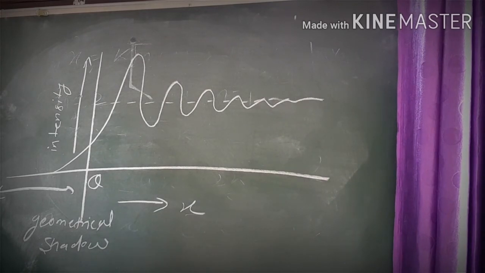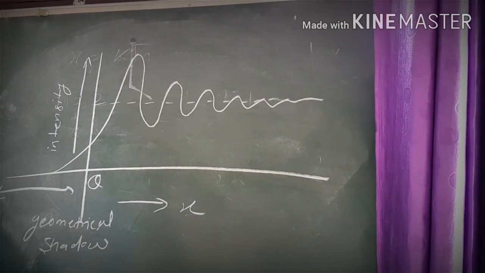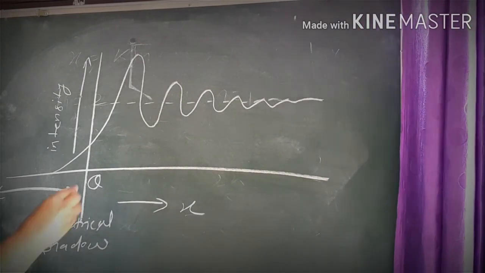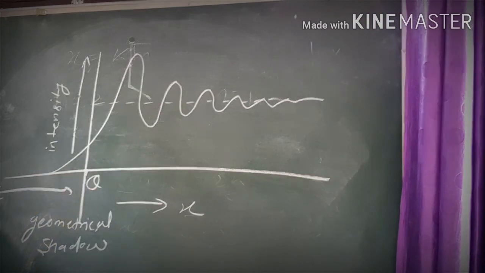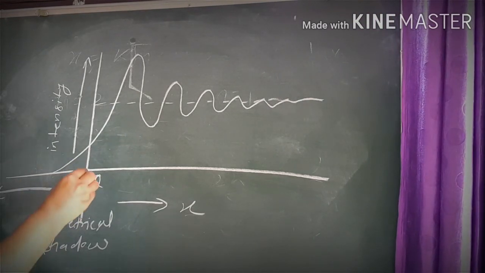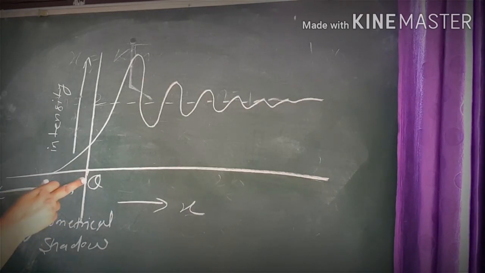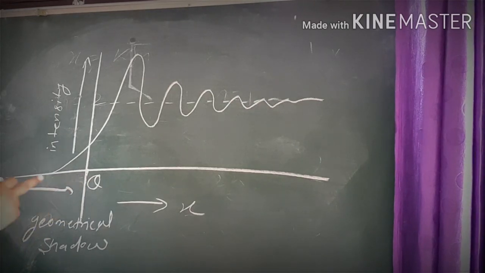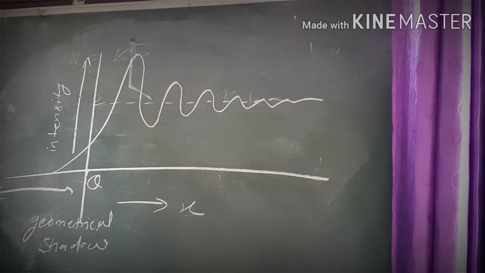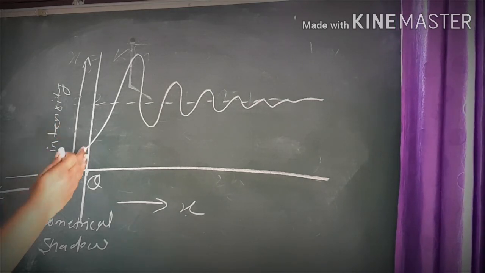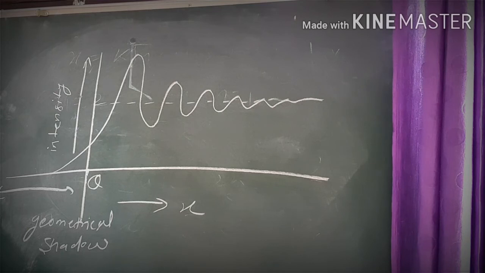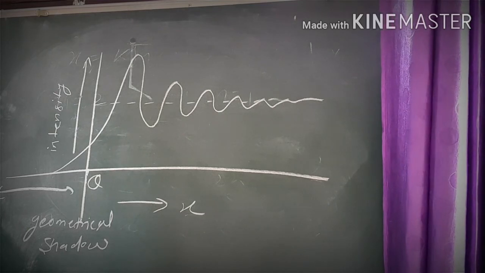Now this is the energy distribution for diffraction at a straight edge. This is the central point, Q point. This is the geometrical shadow region. In this region, the intensity goes on decreasing rapidly, but this is an obstructed region and is not sharply dark.